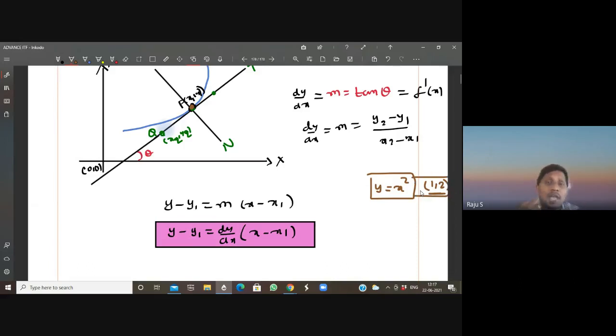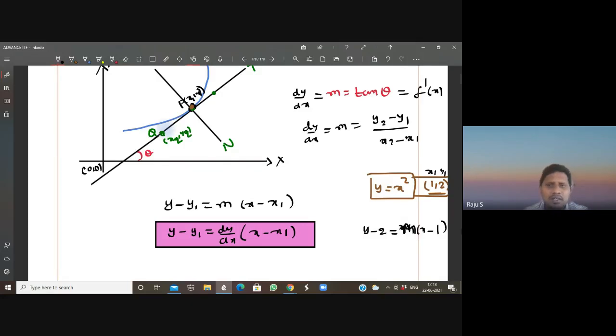How can you find the tangent equation? The point is given, 1 comma 2. We may write y minus y1, so y minus 2 is equal to m into x minus x1, which is 1. How can you find m here?